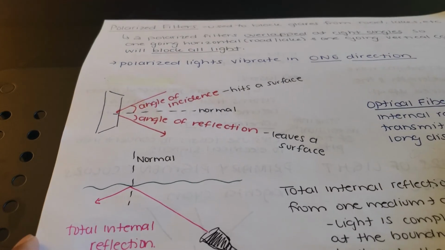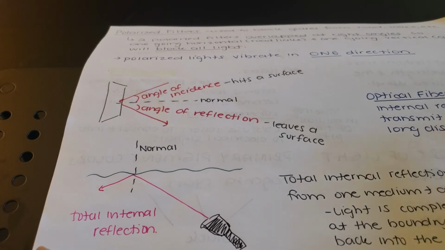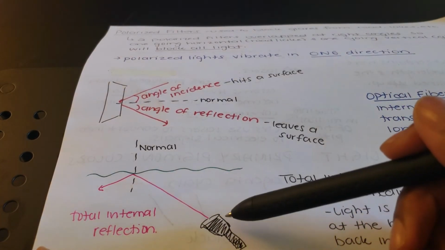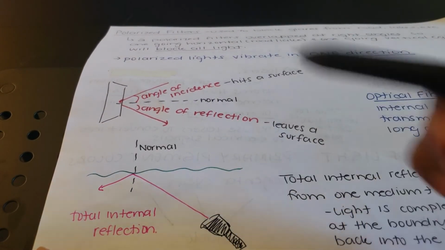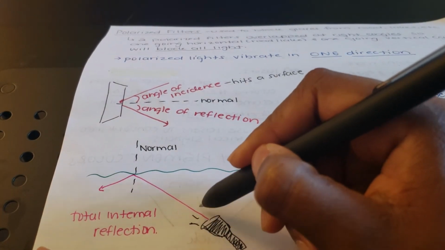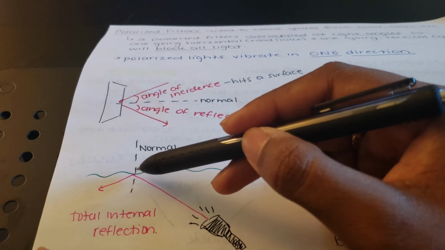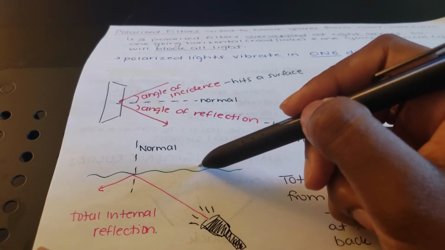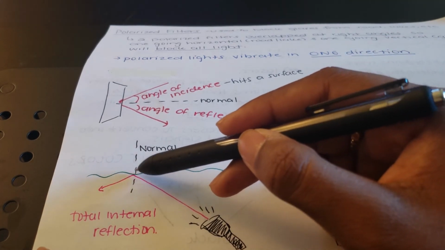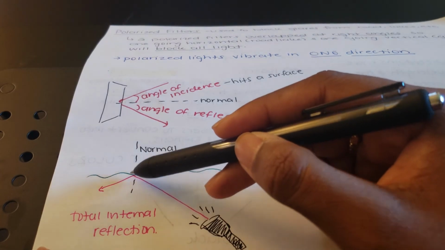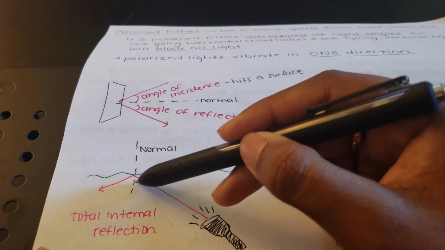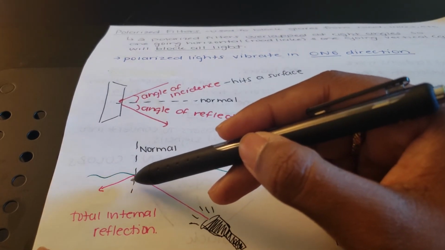Now, we talked about what happens if I have a light source underwater. If I have this flashlight and it's beaming out this light underwater, and I'm hitting the surface of this water, so the boundary, right, between the air and the water, I'm going to have something called a total internal reflection.